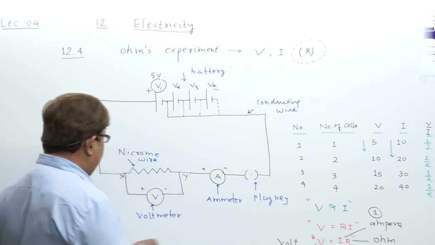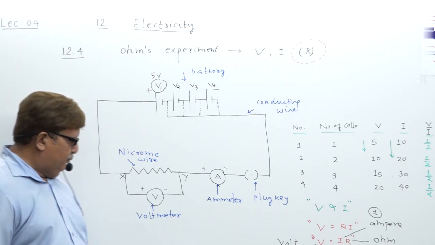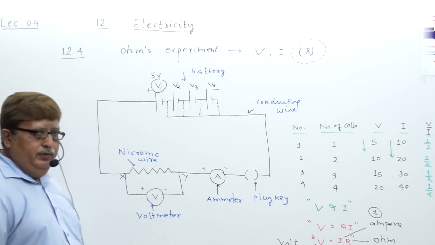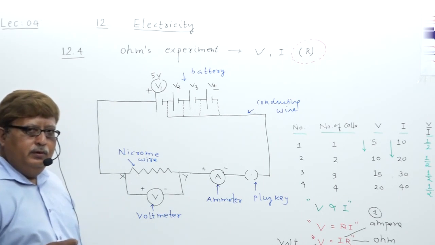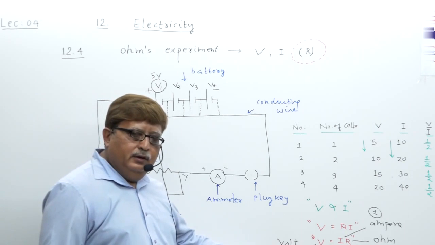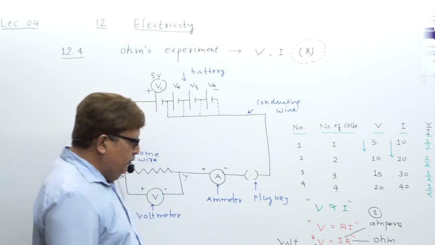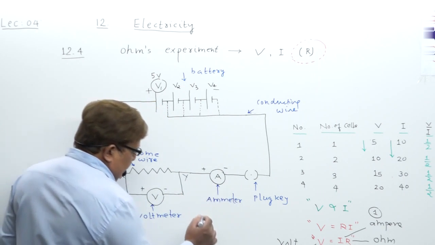Just look here. We all know that V equals IR. Understand? How can you define 1 ohm resistor?